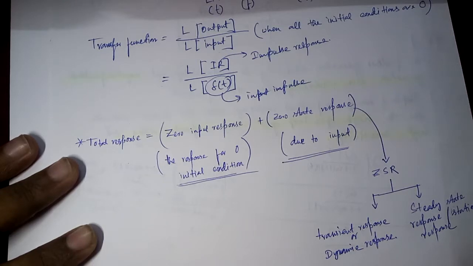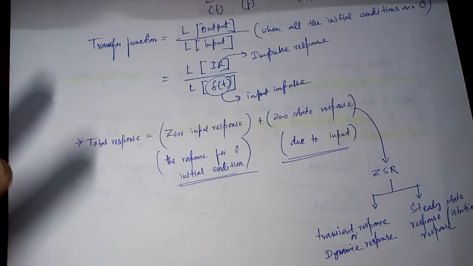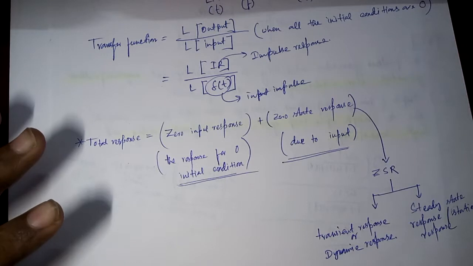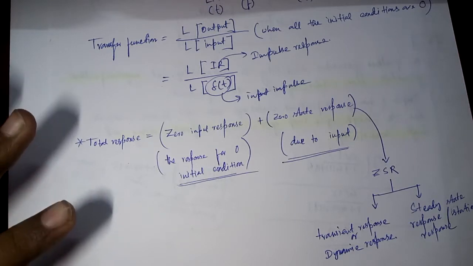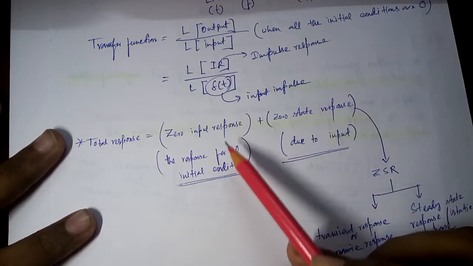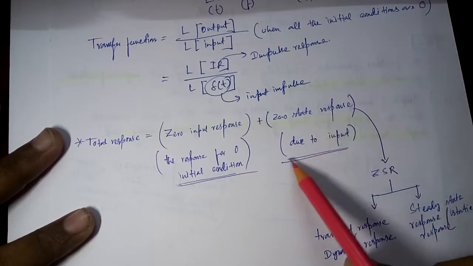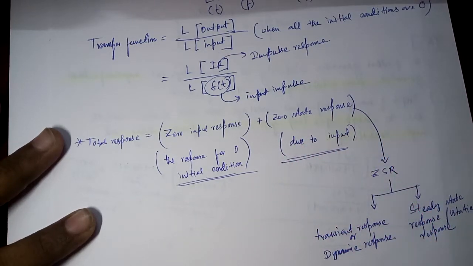Now I am taking a simple, very well-known example, and I am explaining what is zero input response and what is zero state response. Let's take the equation of a straight line: y = mx + c. A very easy equation.